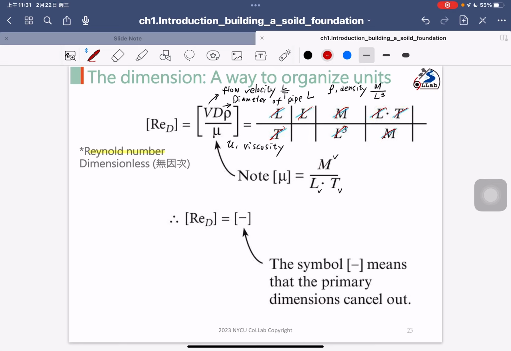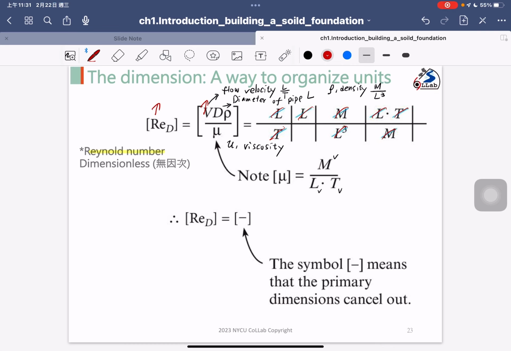Okay. The Reynolds number is a very famous parameter, widely used to describe the flow conditions. That means if the Reynolds number increases, the flow velocity may also increase, right? So a large Reynolds number means the flow condition is quite dynamic, strongly dynamic.